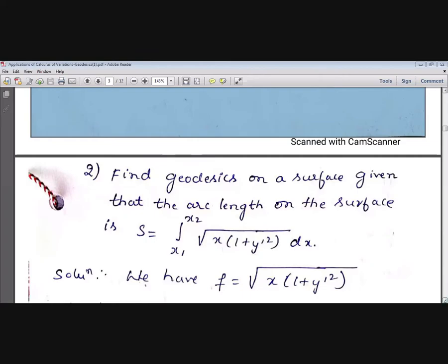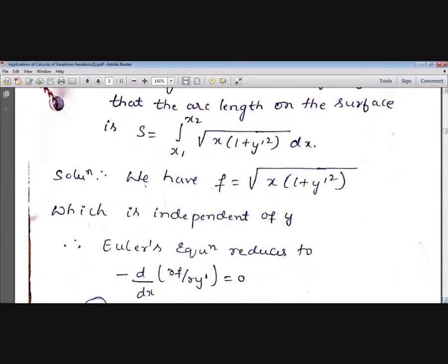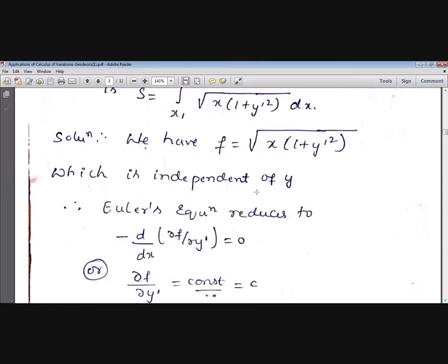Take this function as f of x comma y dash. Now here, if it is independent of y, then directly we can write this formula. What is dou f by dou y? 0 only. Dou f by dou y is 0 means only this much will be left here in Euler's equation.